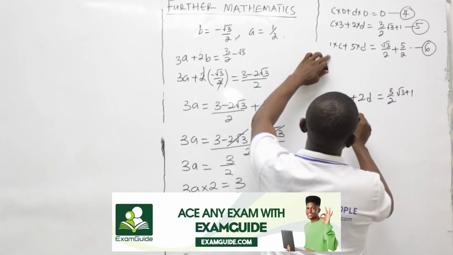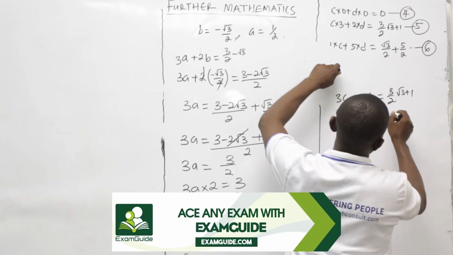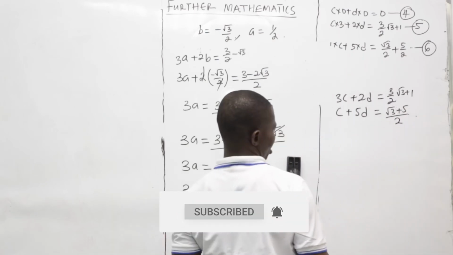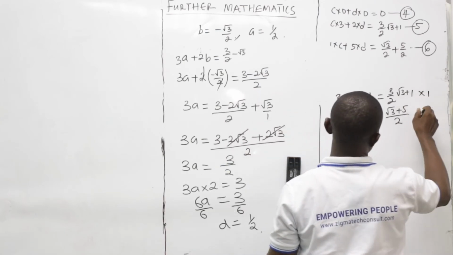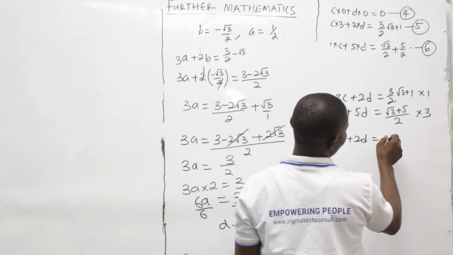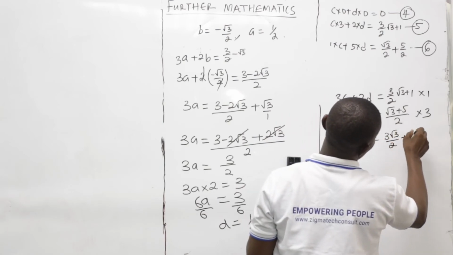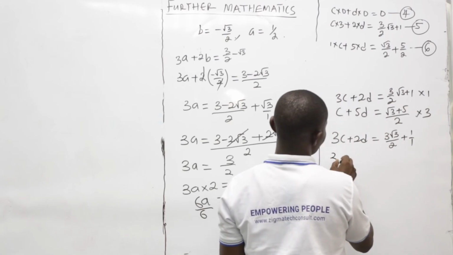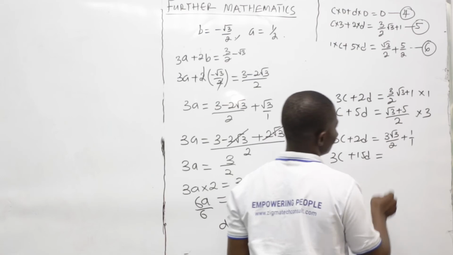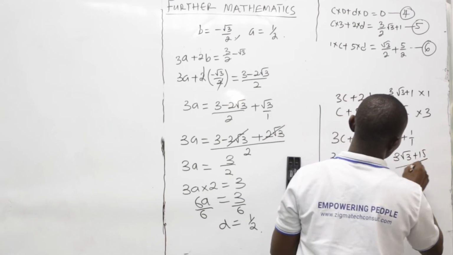The next: c plus 5d equals √3 plus 5 all over 2. Now, multiply this by 1, multiply this by 3. We're going to have 3c plus 2d equals 3√3 all over 2 plus 1 over 1, into this, plus 15d equals, multiply this with 3, (3√3 plus 15) all over 2.